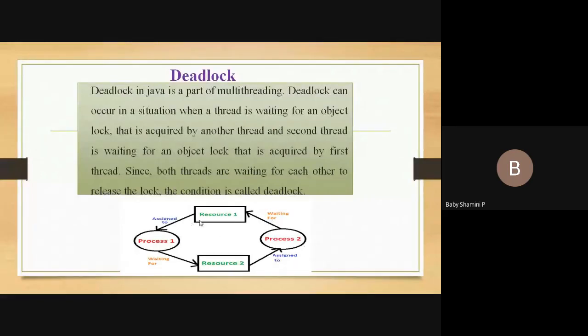See the image. First we have resource 1 and process 1. Resource 1 is assigned to process 1, and resource 2 is assigned to process 2. Process 1 waits for resource 2.